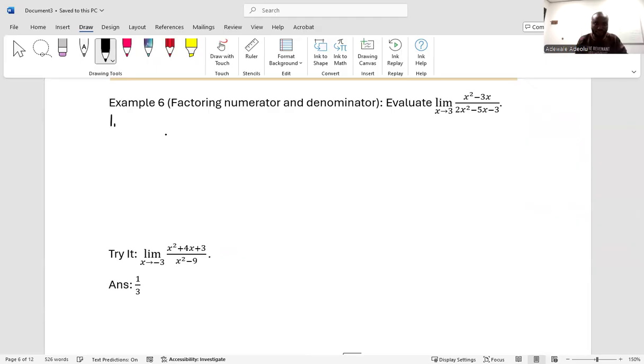Evaluate the limit as x goes to 3 of x squared minus 3x divided by 2x squared minus 5x minus 3. Remember that the first thing we need to do is to use direct substitution, right?